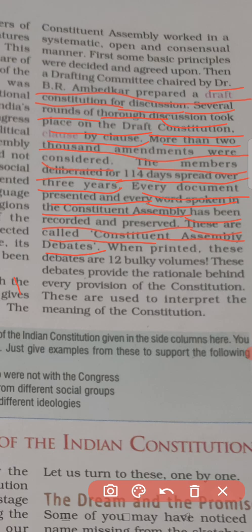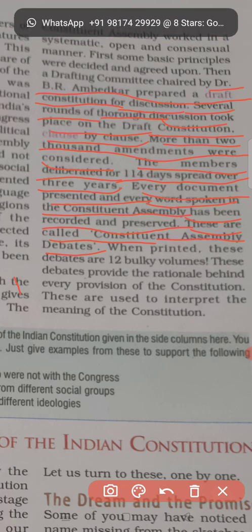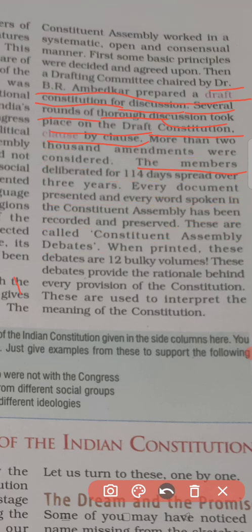When printed, these debates are 12 bulky volumes. What is the use of these volumes? These are used to interpret the meaning of the Constitution.